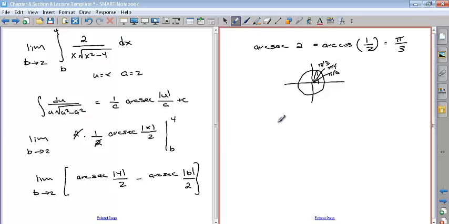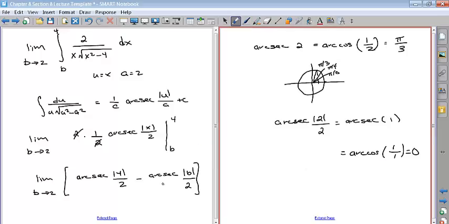Now the second question is, what is the arc secant of b? So what we're going to do is let b equal 1, and so that's the arc secant of 1, which is the arc cosine of 1 over 1, which is 1, and the angle whose cosine is 1 is 0 radians.